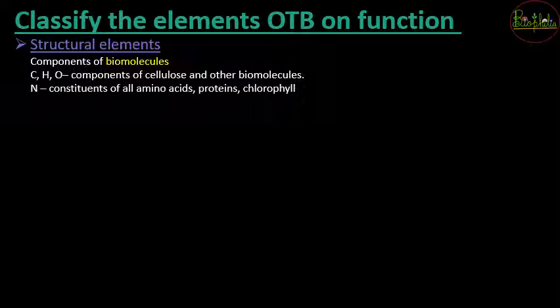So in biomolecules, majorly there are four elements which come under this structural elements criteria, that is carbon, hydrogen and oxygen, which are the components of, for example, cellulose and other biomolecules. Or if we talk about nitrogen, then it is the component for amino acids making a chain forming proteins, and chlorophyll as well.